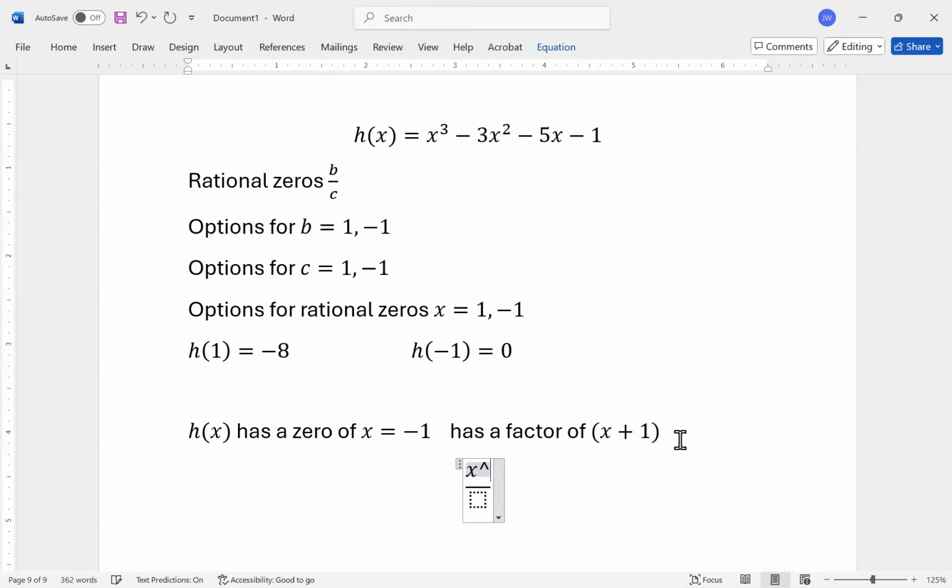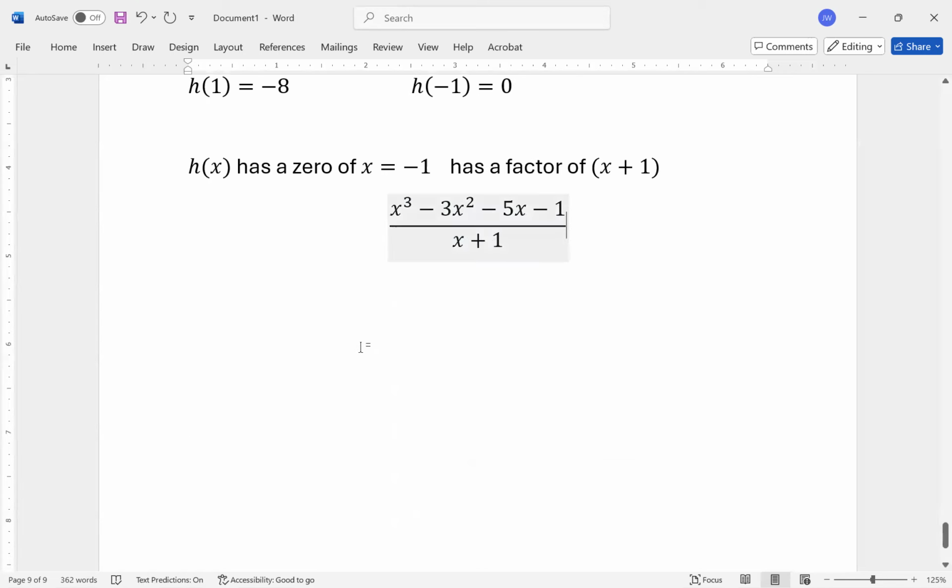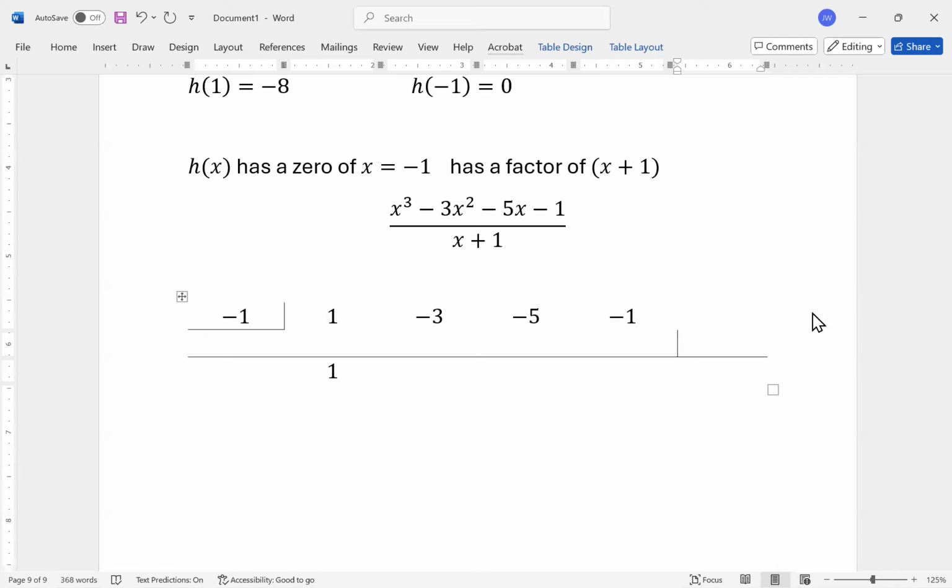Let's go ahead and do that. x to the third minus 3x squared minus 5x minus 1, divide that by x plus 1. Once again, I'll use synthetic division and do it that way. In the box, we put a -1, and then the coefficients of 1, -3, -5, -1 go in the first row.